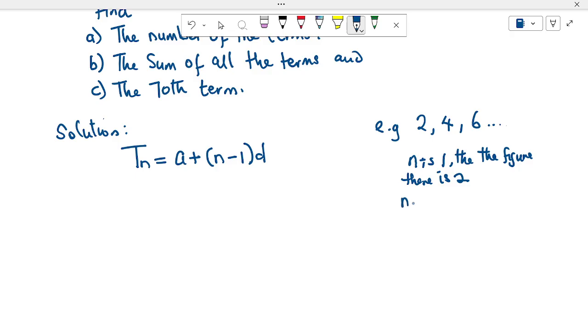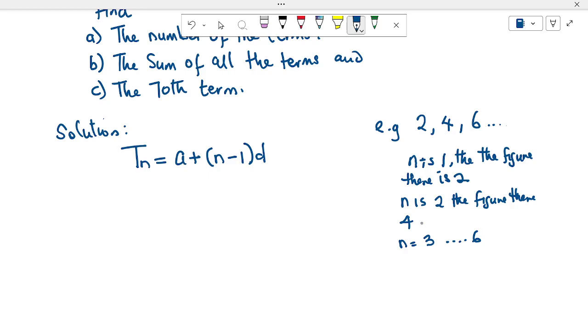When n is 2, who can tell me what the figure there is? 4. Good. When n is 3, the figure there will be what? 6. Good. So n is the position of the progression. That is what n is.